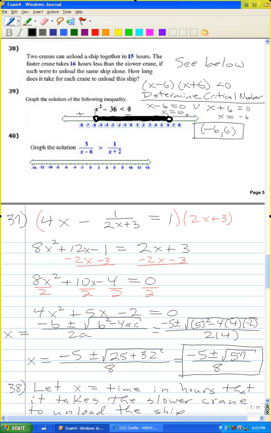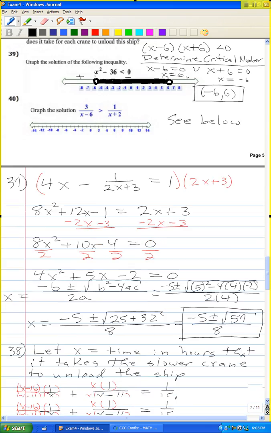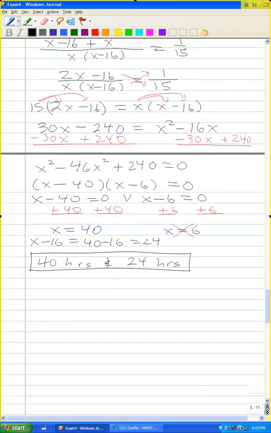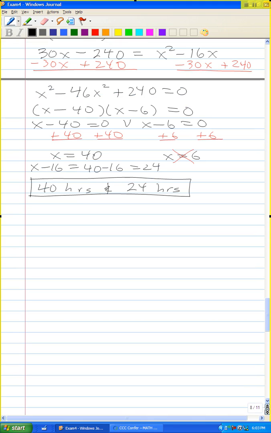Okay. Let me do problem number 40. I'm not going to have enough room for that, so let me do that below. Oh, good, I have room. Okay, so problem 40. 3 over x minus 6 is greater than 1 over x plus 2.